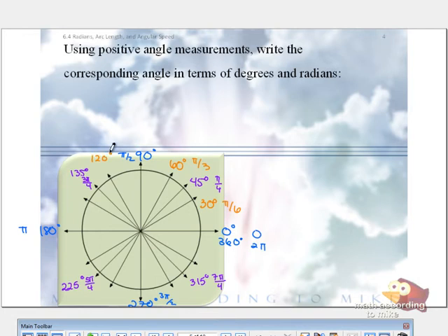120 degrees is 2 pi over 3. 150 degrees is 5 pi over 6. 210 degrees is 7 pi over 6. 240 degrees is 4 pi over 3. 300 degrees is 5 pi over 3.